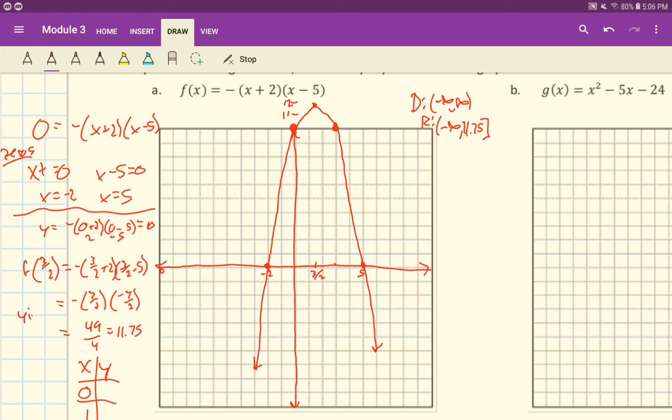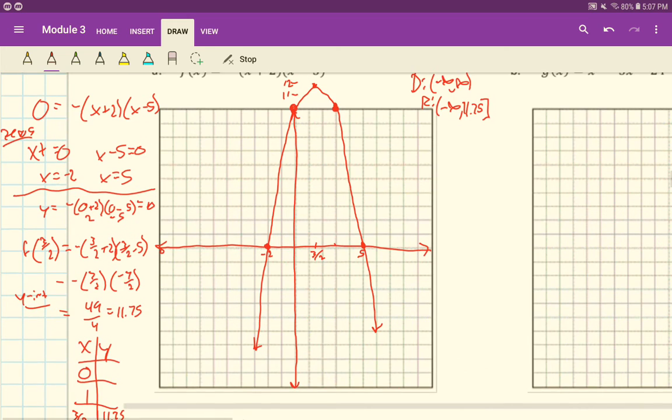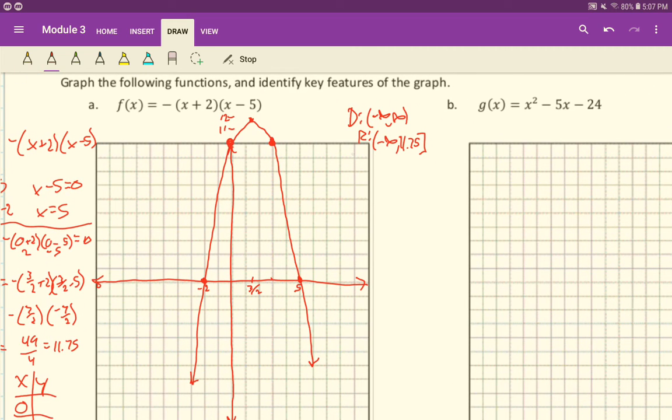Here's the y-intercept. The axis of symmetry is right here, so we can write that down. Axis of symmetry is at x equals 1.5 or 3 halves if you like.